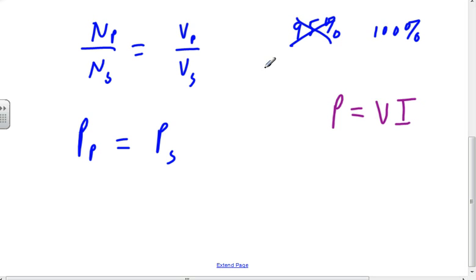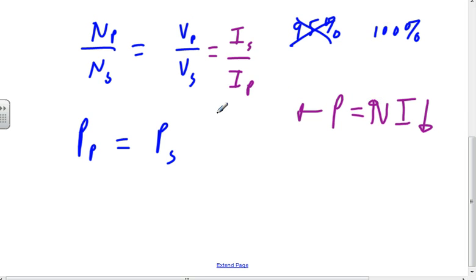If the power remains constant but the voltage went up, that means the current had to go down. So turns primary to turns secondary is equal to voltage primary to voltage secondary, which is equal to current secondary to current primary. If I increase the voltage on the secondary, the amount of current necessarily has to go back down.